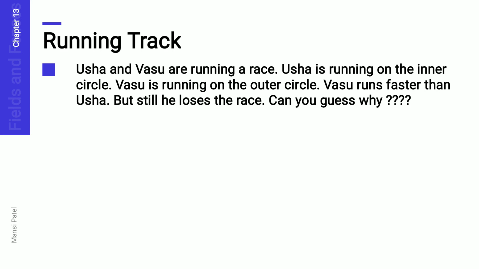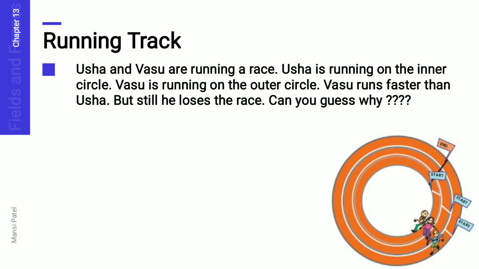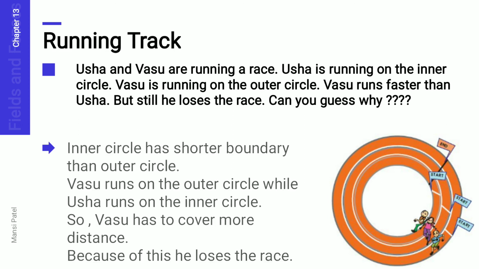So obviously Vasu should win, but still he loses this race. Why? See here, this is the running track and they have all started running. Vasu runs faster than Usha, but still he loses the race. What is the reason behind that? Can you guess why this is happening?